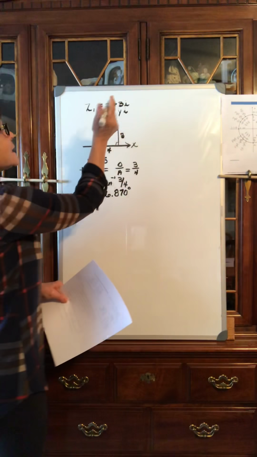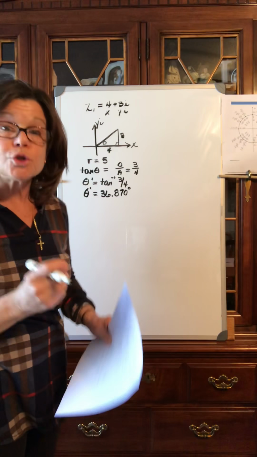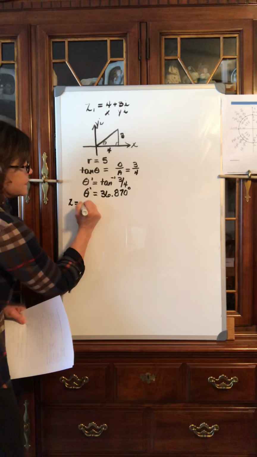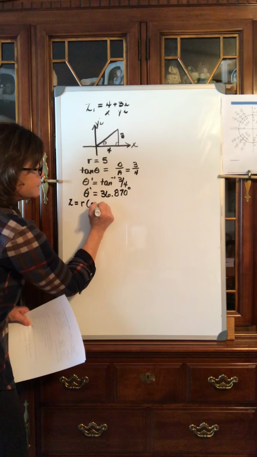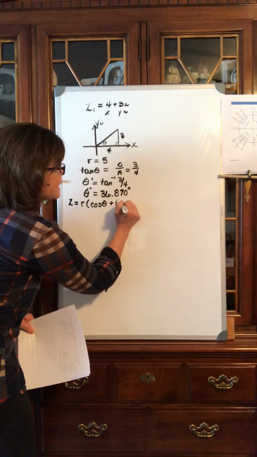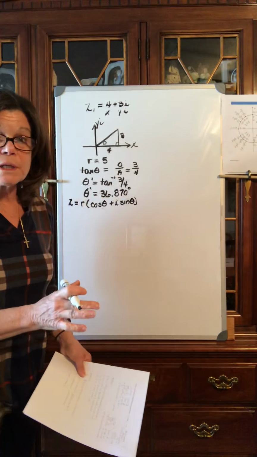So for this complex number, 4 plus 3i, the trig form of that complex number, z, remember, is equal to r times the cosine of theta plus i times the sine of theta. That is review from yesterday's notes.